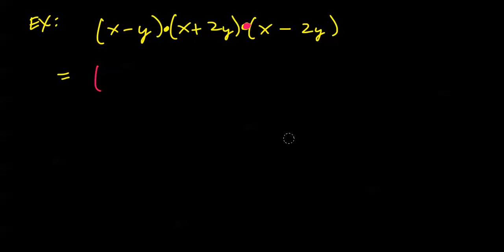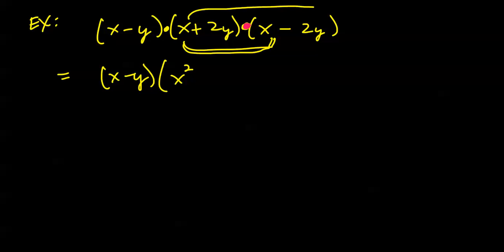Let me go ahead and carry down x minus y to the next step, and I'll multiply the last two binomials first. Hang on, I made a copy error here. Let me start again.